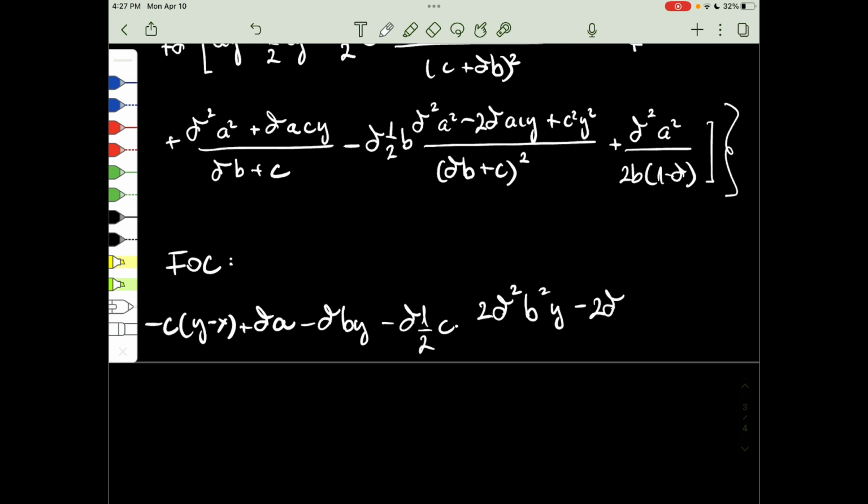So there are no quadratic expressions. Delta squared by minus 2 delta ab. Yes.